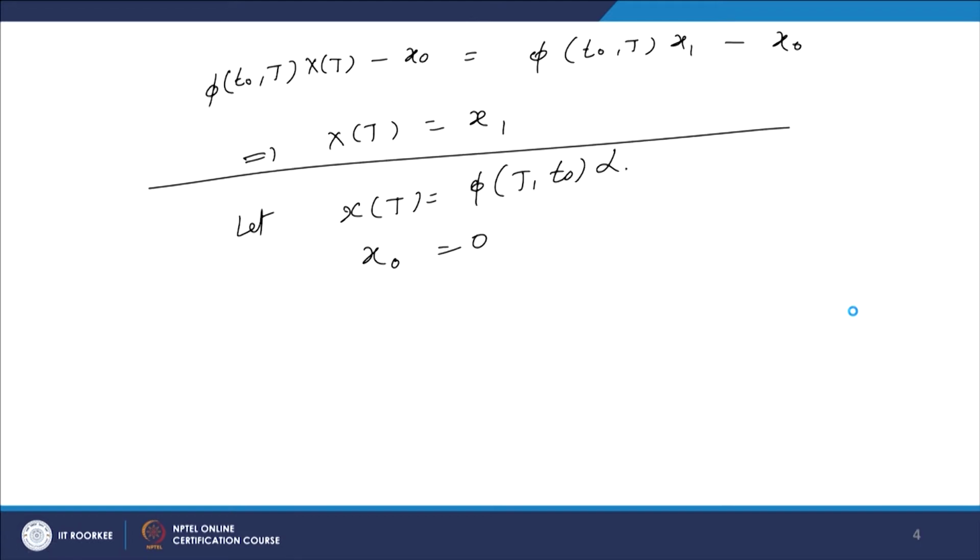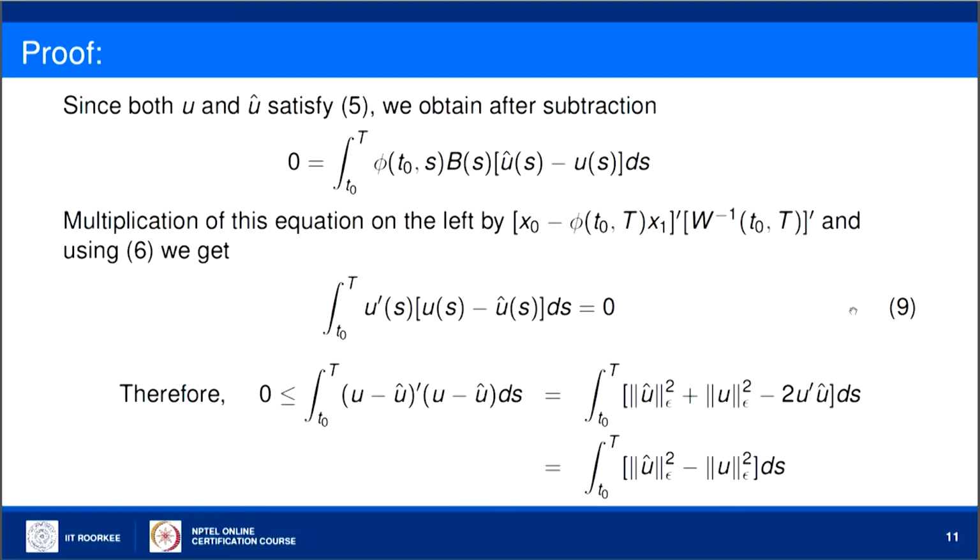That is what is written in the slide here. So, we get 0 equal to the integral from t0 to T of phi of this into, whether it is u of s or u bar s, minus u s. Okay, so this expression we obtained. Now, multiplying the equation by this expression, because if you recall equation 6, the specific control which we have, we multiply both sides by the vector x0 minus phi t0 capital T into x1, W inverse transpose.